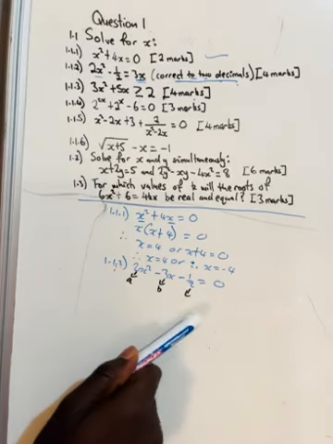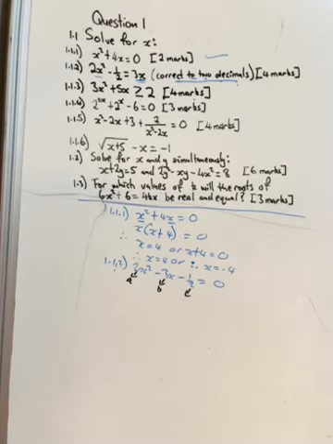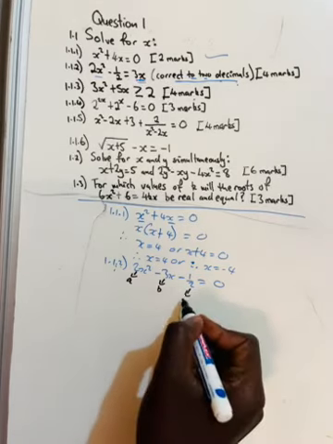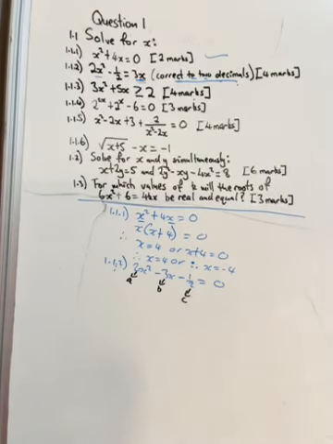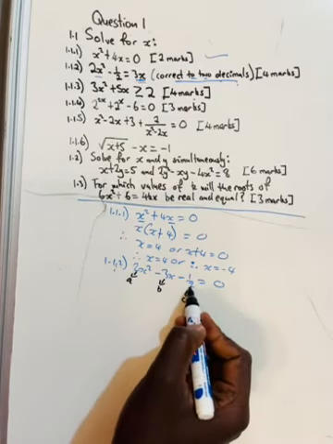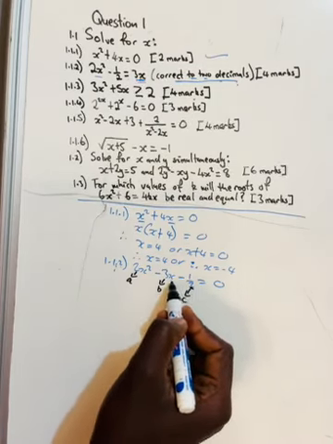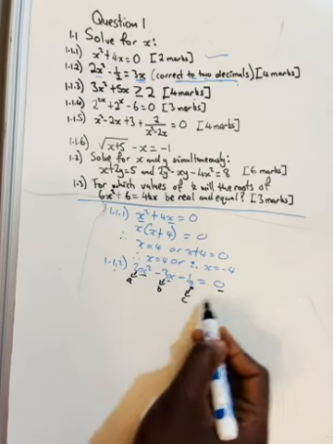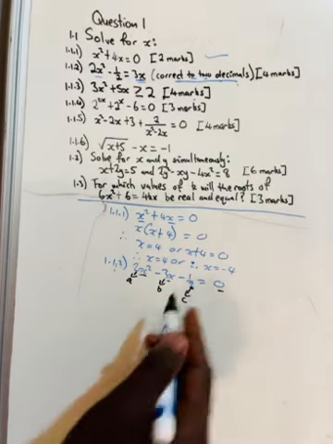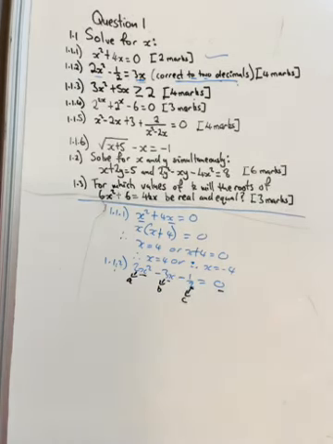Before we use the quadratic formula, our C, which is negative half, is a fraction, and we don't want to complicate matters by using a fraction. So the first thing we're going to do is multiply by this denominator across the board, on all terms, so that we don't deal with the denominator.